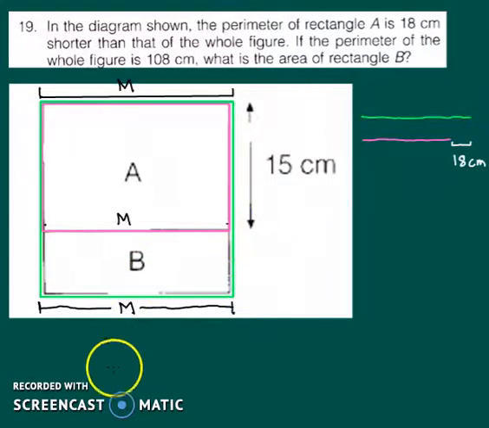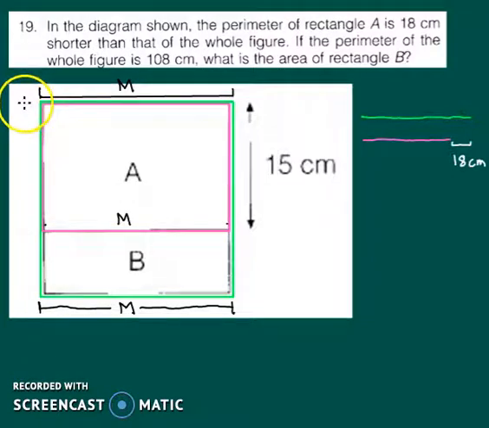Okay, so let's work with what we're given now. If the perimeter of the whole figure is 108 centimeters, what is the area of rectangle B? Long before we can start thinking about the area of rectangle B, we need to figure out all the missing dimensions.